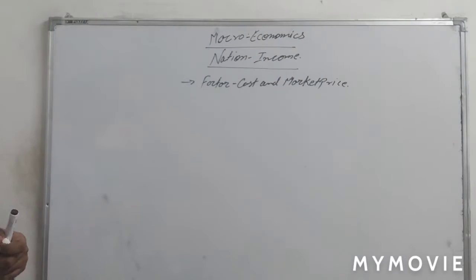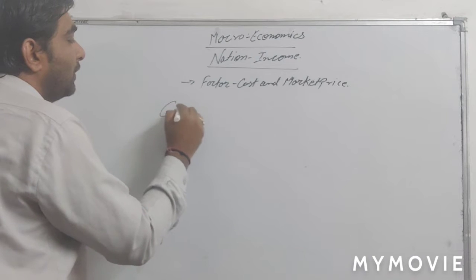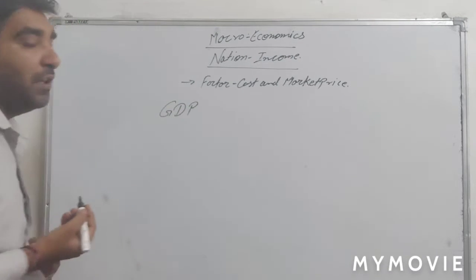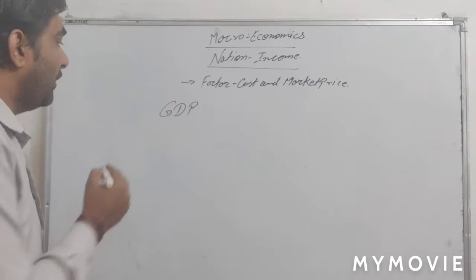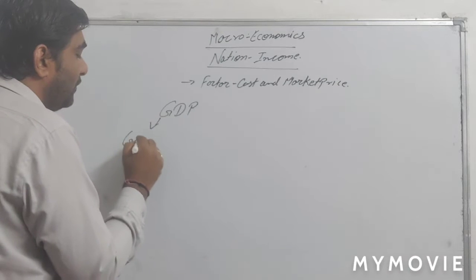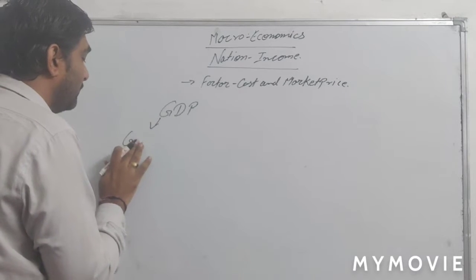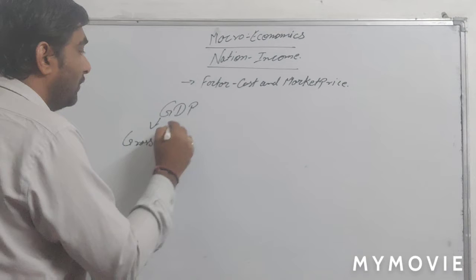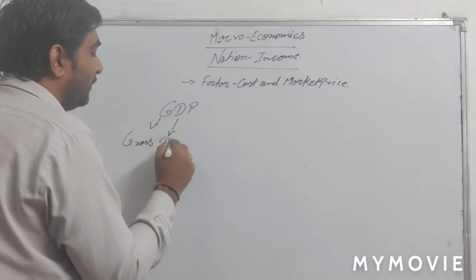So, in this portion of national income, we just calculate GDP. GDP means gross domestic product.